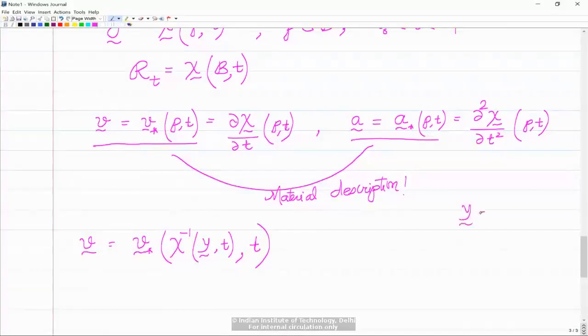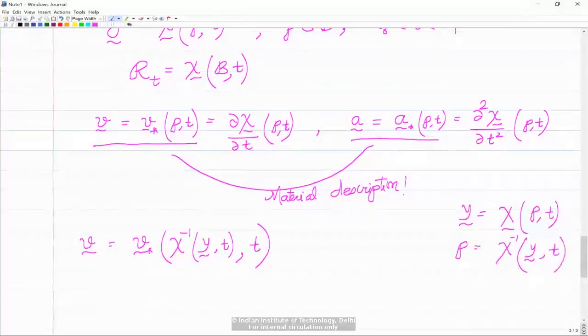I'll just show you again. This y is a function of p comma t, so therefore this particle p is then xi inverse of y comma t. So the inverse function will be different at different times.